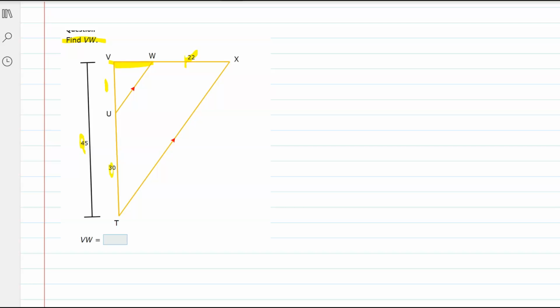The problem is normally I'd be looking for something like VW over UV, just the regular triangle similarity theorem, and of course I wouldn't need the last one. Well, VW, we don't know. UV, we don't know. VX, we don't know.